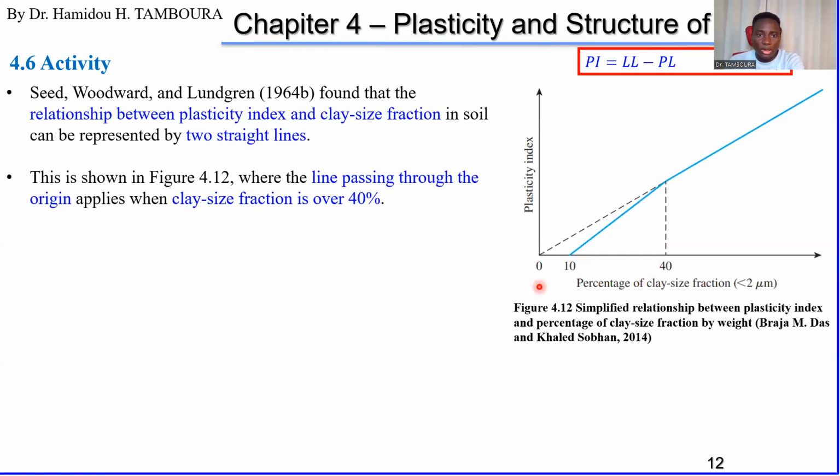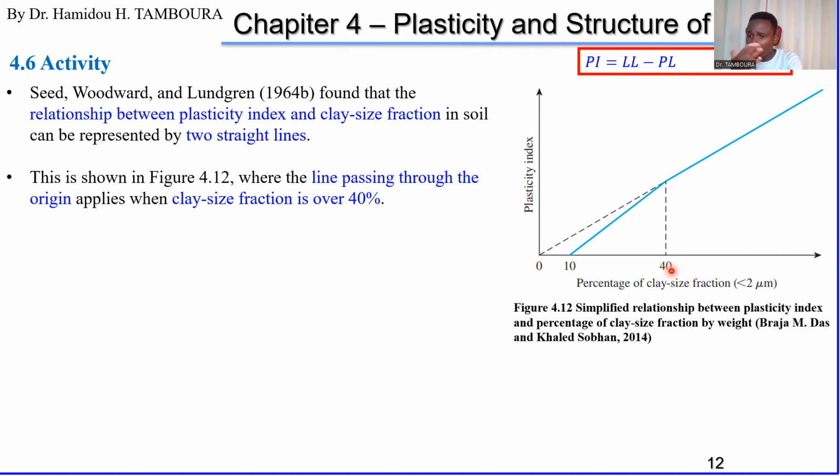So this figure is showing the line passing through the origin, this dashed line, when the clay size fraction is over 40. Do you understand what it means?